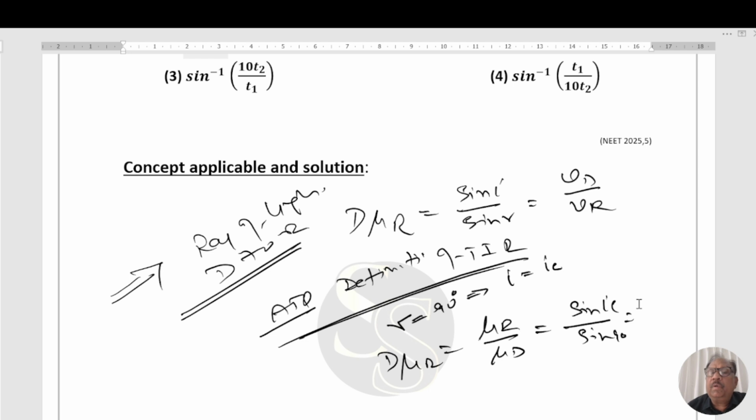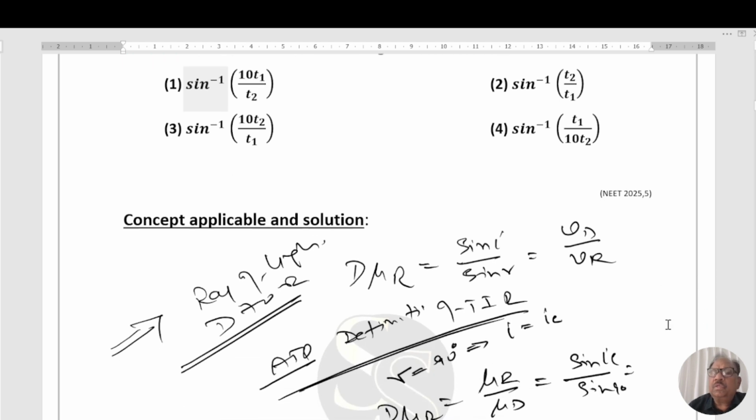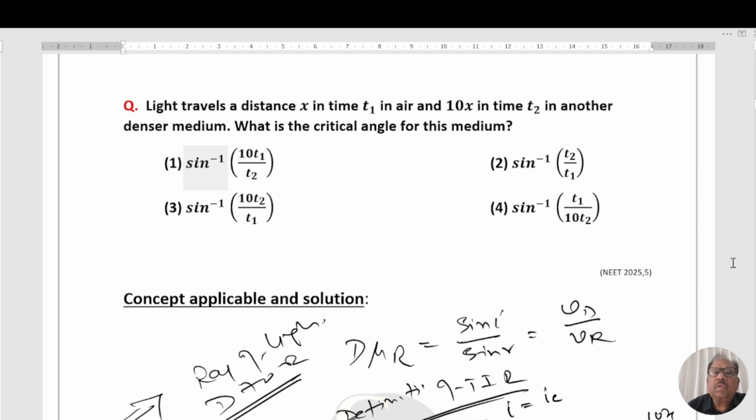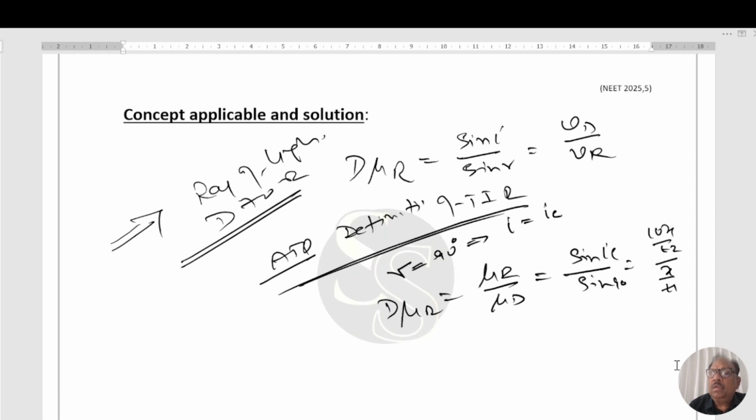What have I been given in the denser medium? Vd is 10x in time t2, distance upon time, 10x upon t2 over x upon t1. On simplification, sin c comes out to be 10 t1 upon t2.